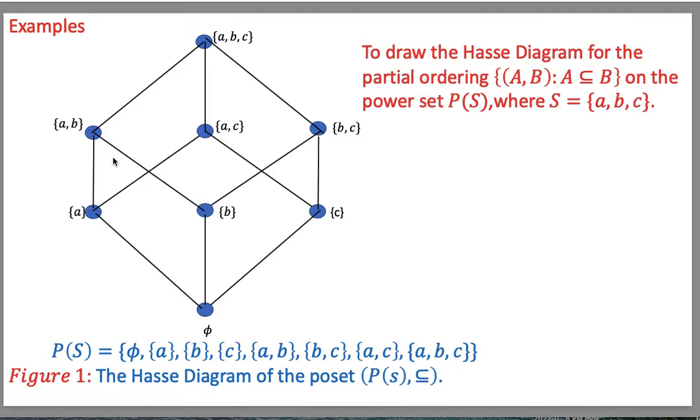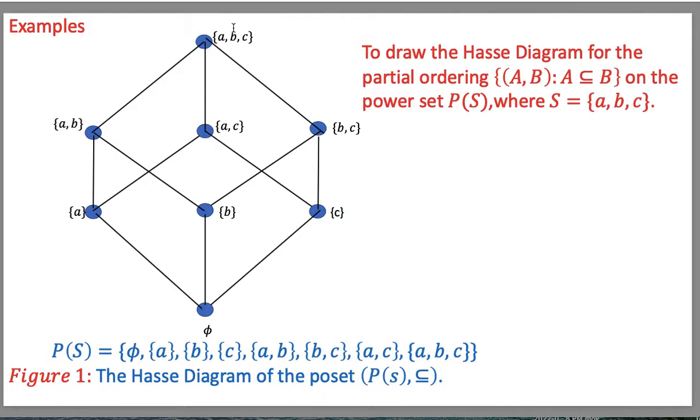Next element is BC, and we write BC here because B is a subset of BC and C is a subset of BC, but A is not a subset of BC. Next element is AC. We write AC here because A is a subset of AC and C is a subset of AC, but B is not a subset of AC.